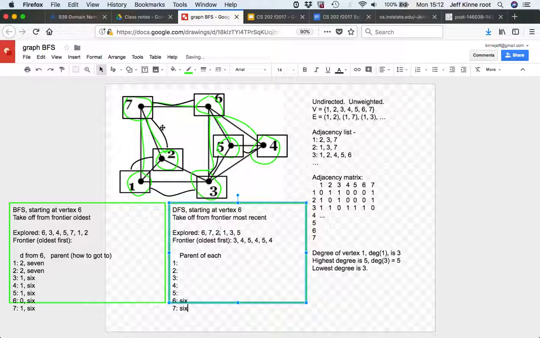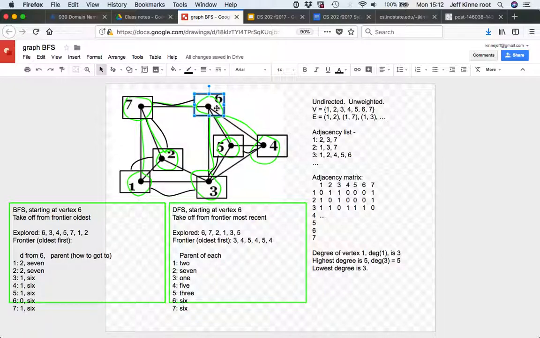We took 2 off and put it onto the explored list from 7. So 2's parent would be 7. We're drawing the path like this. And then we went to 1 from 2. And from 1 we went to 3. From 3 we went to 5. And from 5 we went to 4. Alright, so this is the path that we traced off by taking off the frontier the most recent.